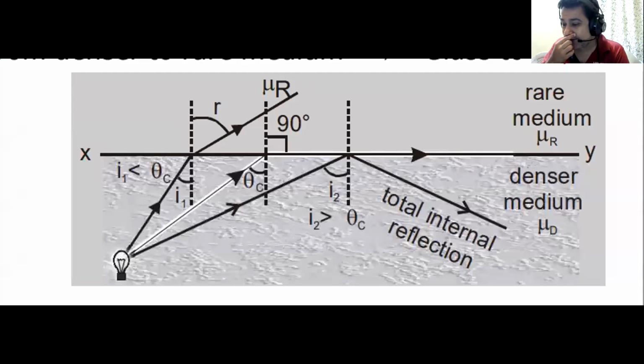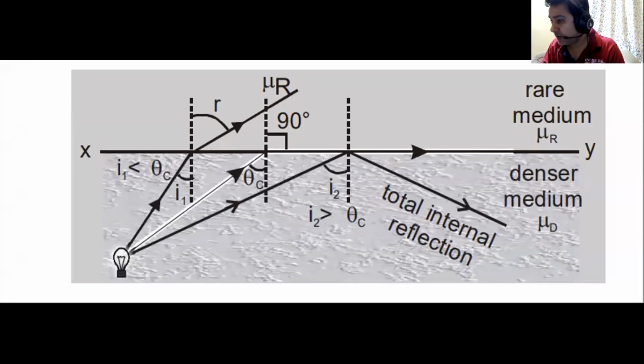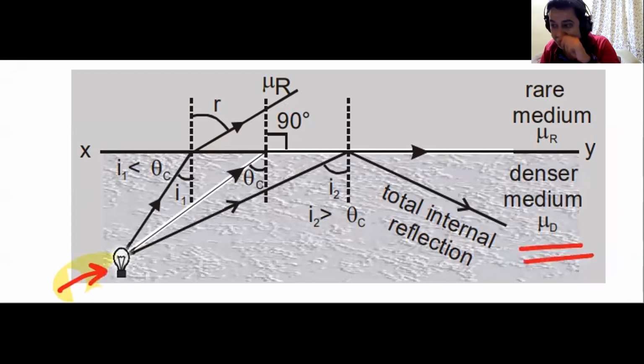And this is the diagram I was telling you about. What you have to understand in this diagram. I hope that you are drawing this diagram. As you can see, the object, oops, wrong color. The object, which is the light, is in denser medium. Do we understand this? Yes, sir.